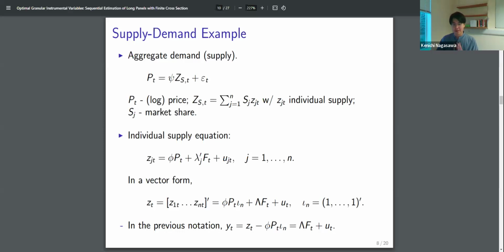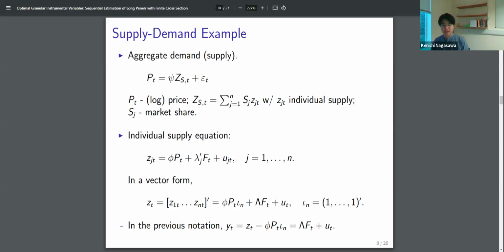So to map it to the previous notation where I used Y_t for the disaggregated variables, we can map that to the notation by considering the difference between the individual supply minus this phi times the price.